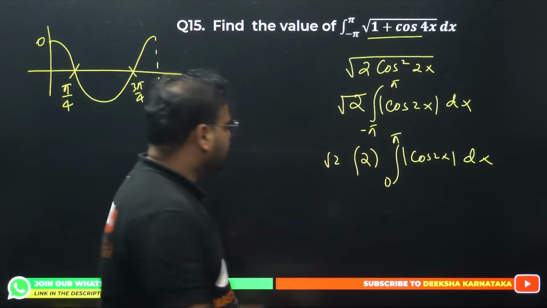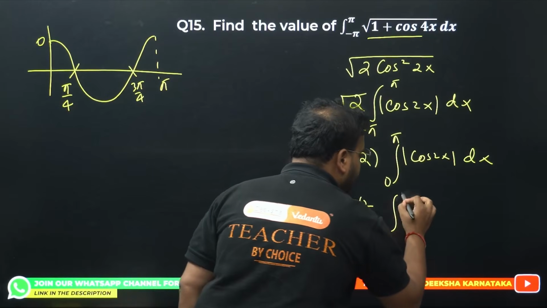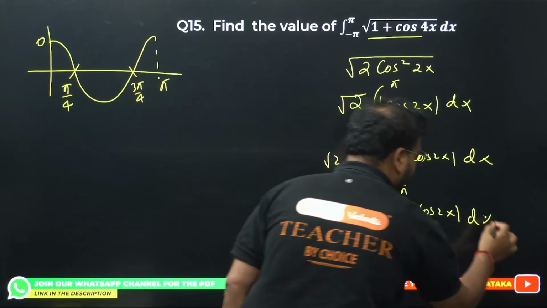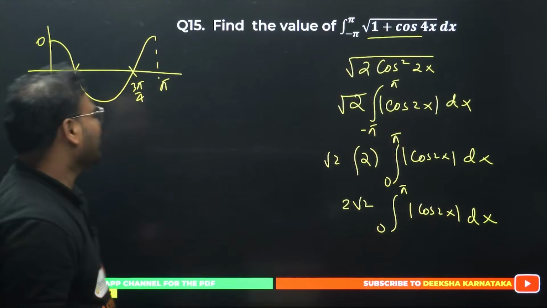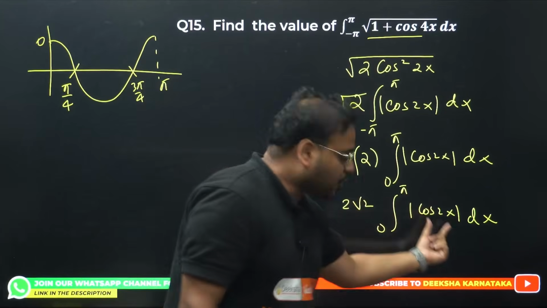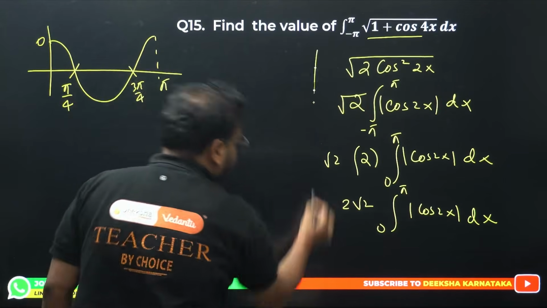Okay, now this becomes what? 2 root 2, 0 to pi modulus, don't forget to write. It's modulus because check this out, cos is negative over here, sir. Cos is negative means if you integrate just cos, it will be wrong. You have to write minus cos over there.